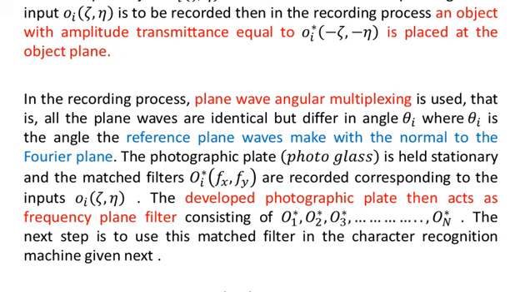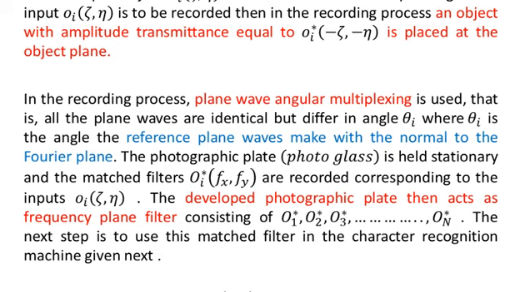And you know that not only OI is placed, but small OI star at the minus zeta and minus eta coordinates is placed at the input object. The developed photographic plate then acts as the frequency plane filter, consisting of capital O1 star, capital O2 star, and so on up to capital ON star.